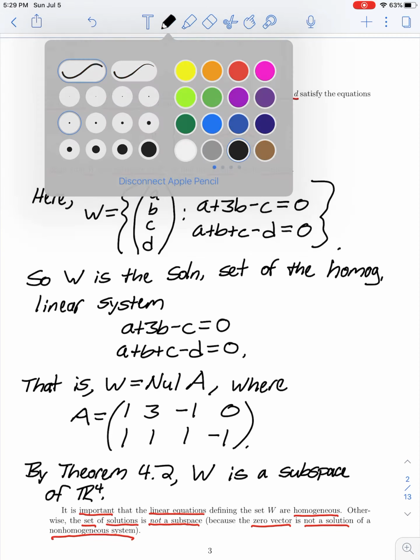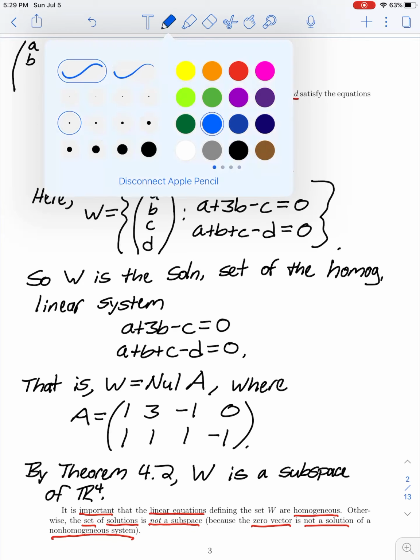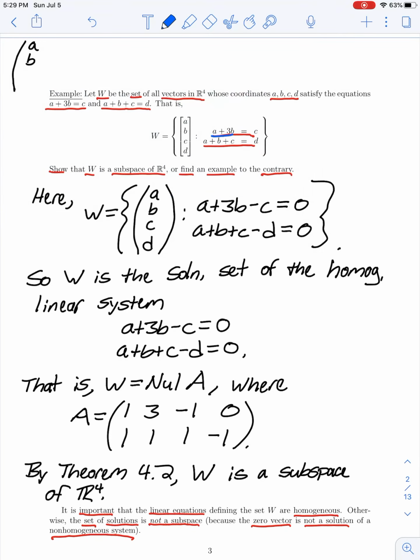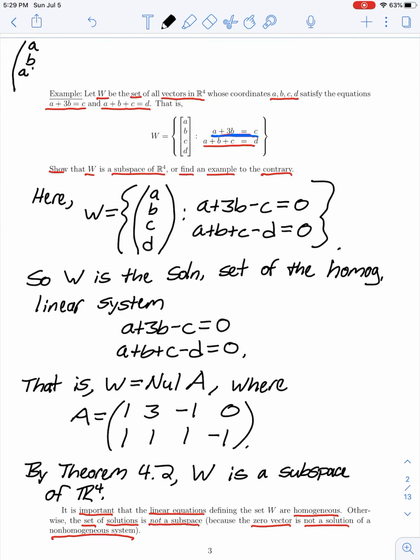Well, let's think about how the vectors in W are defined. So the first two components are A and B. The third component is C, which we are told is equal to the sum of A and 3B. So our third component we could write as A plus 3B.